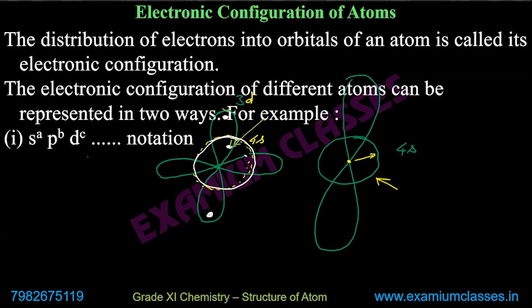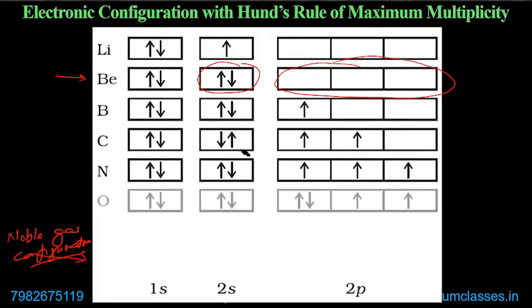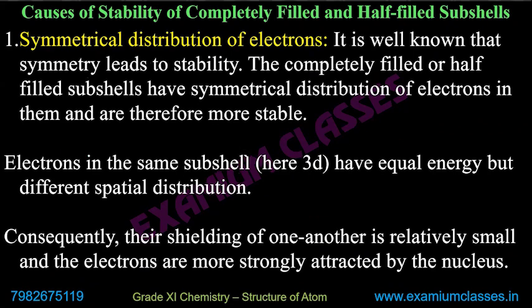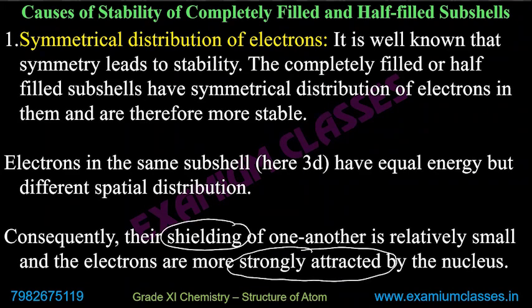Now going back to explain it. Because the shielding effect has reduced, the force of attraction will increase. More strongly attracted electrons means stability will increase.